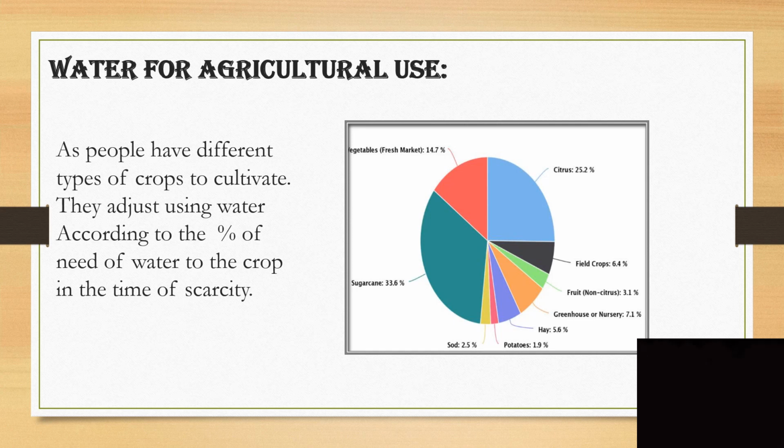So by this pie chart, we can learn that he is cultivating different types of crops, different vegetables, different plants, many things.